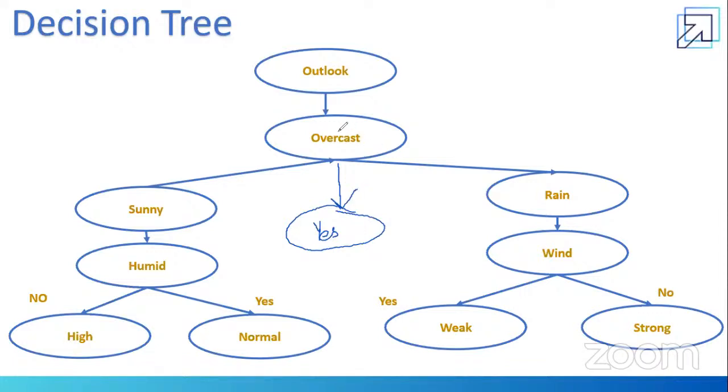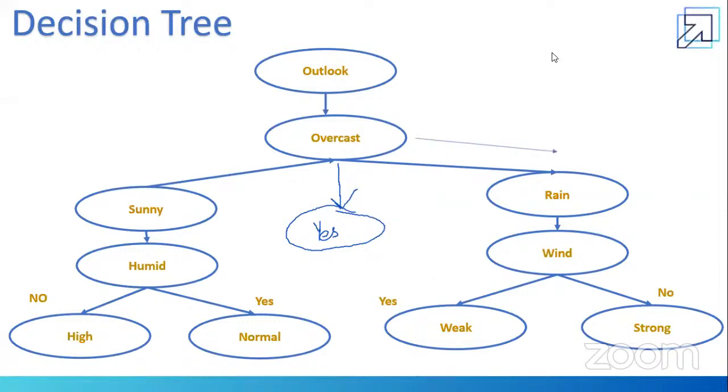If the outlook is sunny, then we will check for humidity. If the humidity is high, the child cannot go out. If the humidity is normal, the child can go out. If it is raining and the wind is weak, the child can go out, and if the wind is strong, the child cannot go out to play.